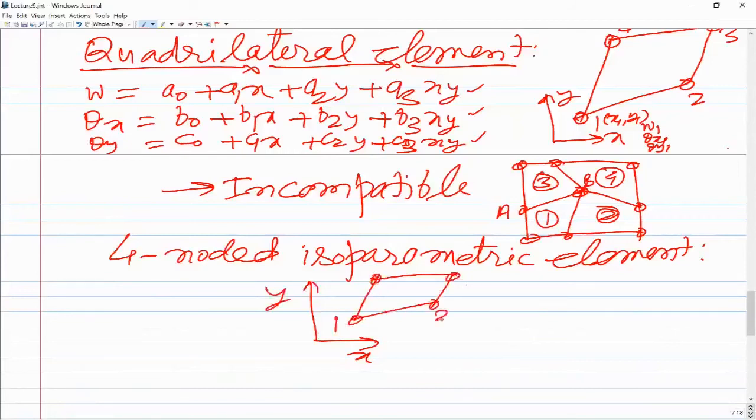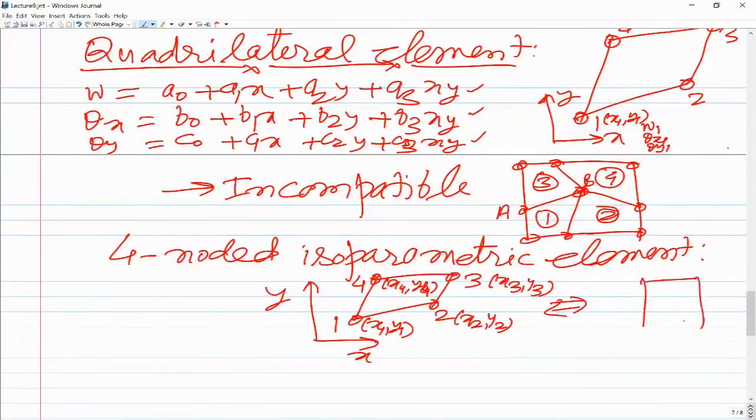So these are nodes 1, 2, 3, and 4. We know the coordinates are x1, y1, x2, y2, x3, y3, and x4, y4. Similarly, we'll have degrees of freedom, w, theta x, and theta y at each node. So this is mapped to the square in the natural coordinate space, xi and eta.